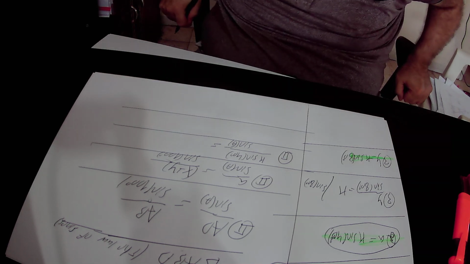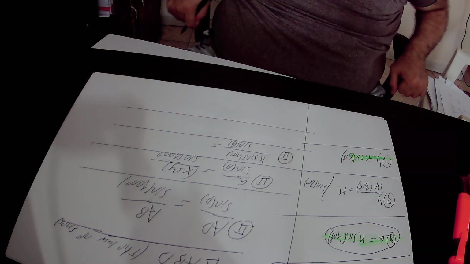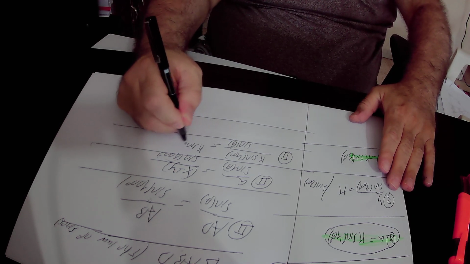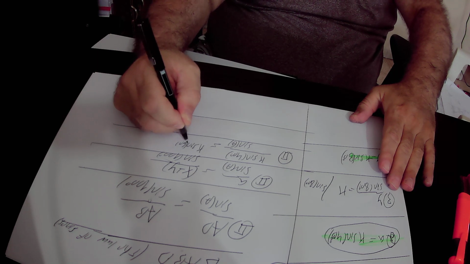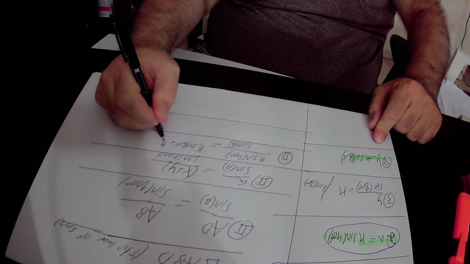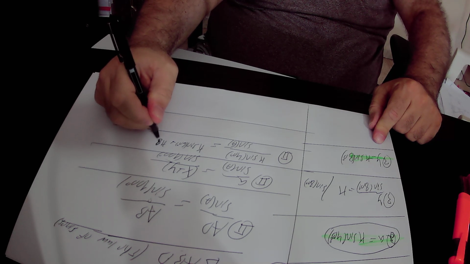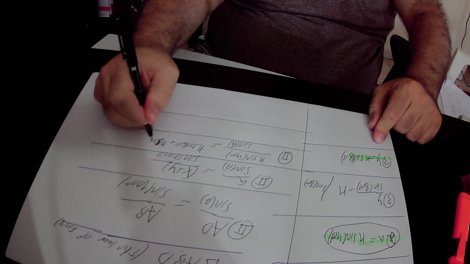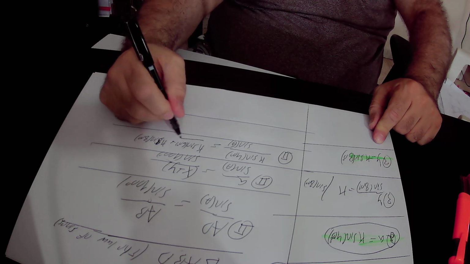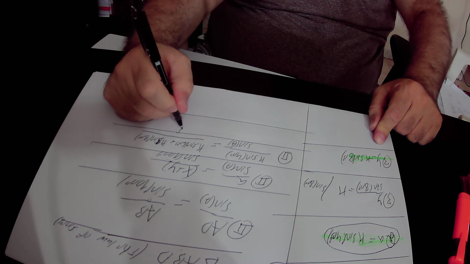X is k times sine 60 degrees plus y, and y is k times sine 80 degrees, all divided by sine 100 degrees.